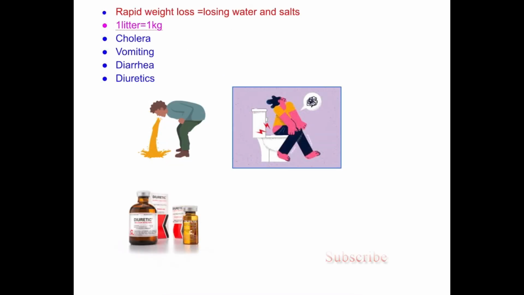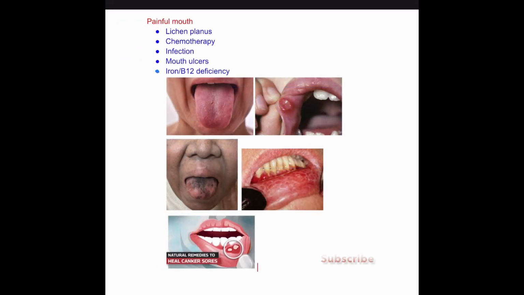If you have noticed any rapid weight loss over the past days, you should consider vomiting, diarrhea, or use of diuretics. If your patient is complaining of a painful mouth, you should consider sore lips, tongue, or deficiency in iron, B12, or vitamin C. Another diagnosis may be chemotherapy or dermatological disease, or maybe infection and inflammation.